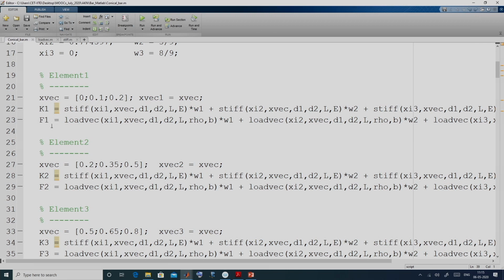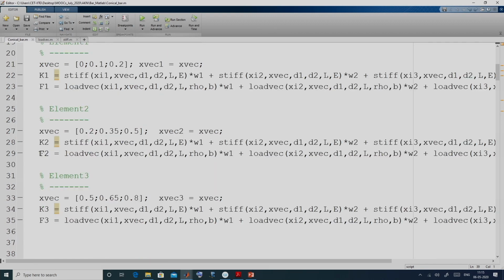This is for element 1, f1 is for element 1. For f2 everything remains the same, only the nodal coordinate vector is different for element 2 and as well as for element 3.